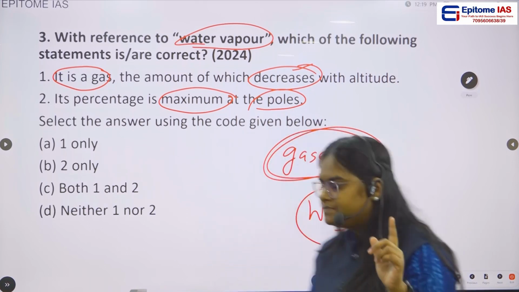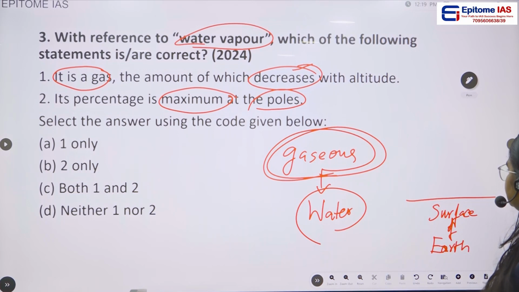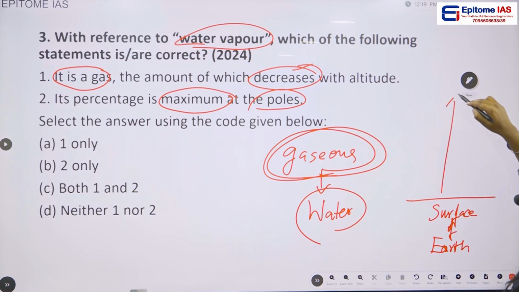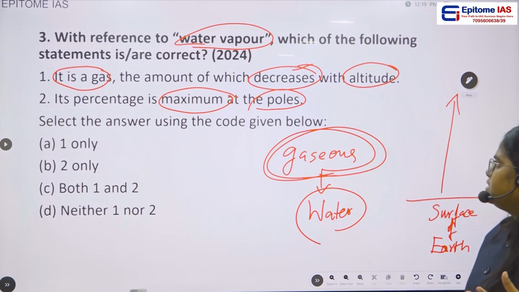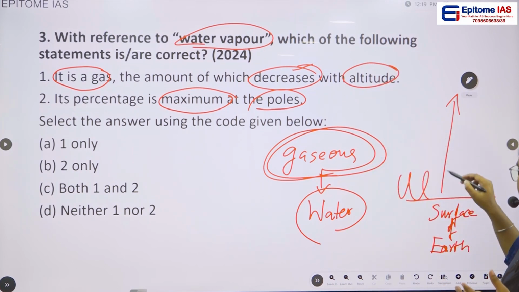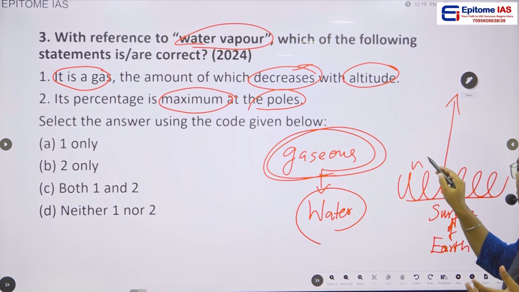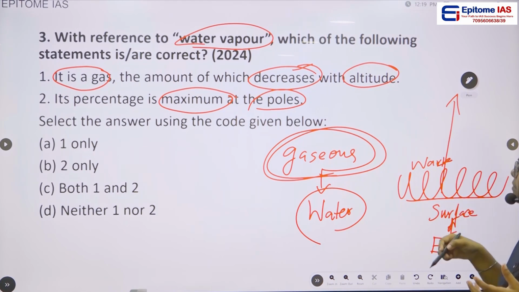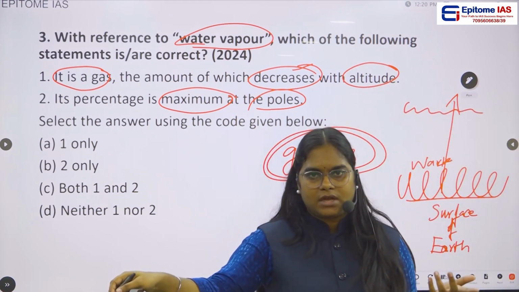What they are saying is, let us say this is the surface of the earth, and with increasing altitude, meaning height, the water vapor decreases. Near the surface of the earth, the water vapor is much higher compared to the greater heights of the earth's atmosphere.